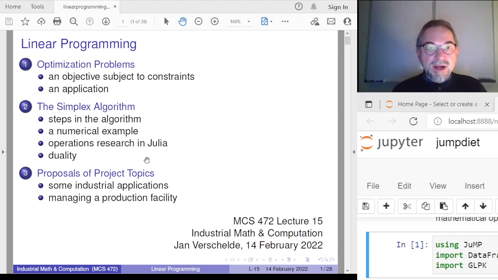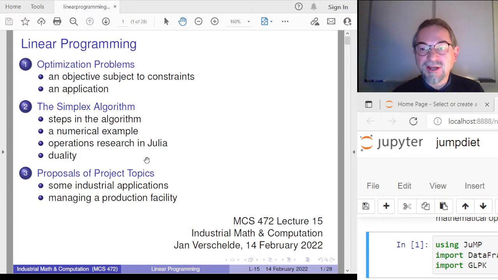So linear programming is a huge subject, and one lecture definitely does injustice to this very useful and also very beautiful mathematical subject. I will end with some project topics too that start with literature studies. Okay, so let's dive in.